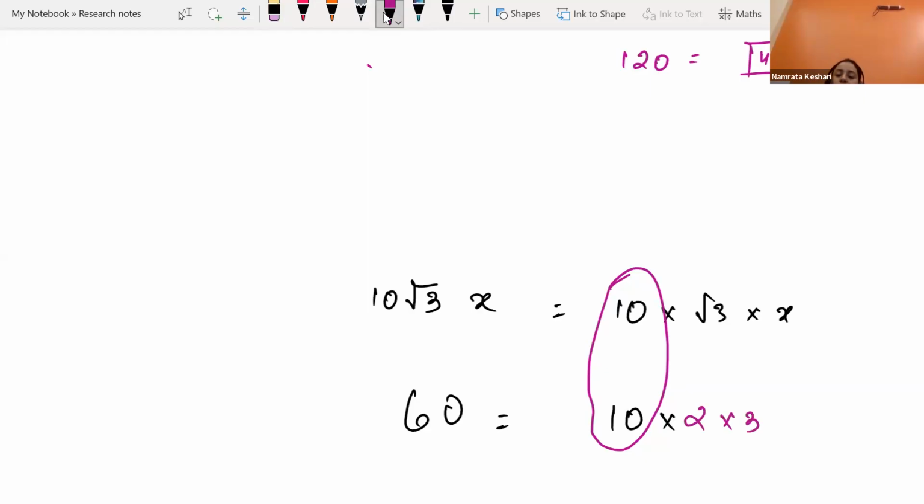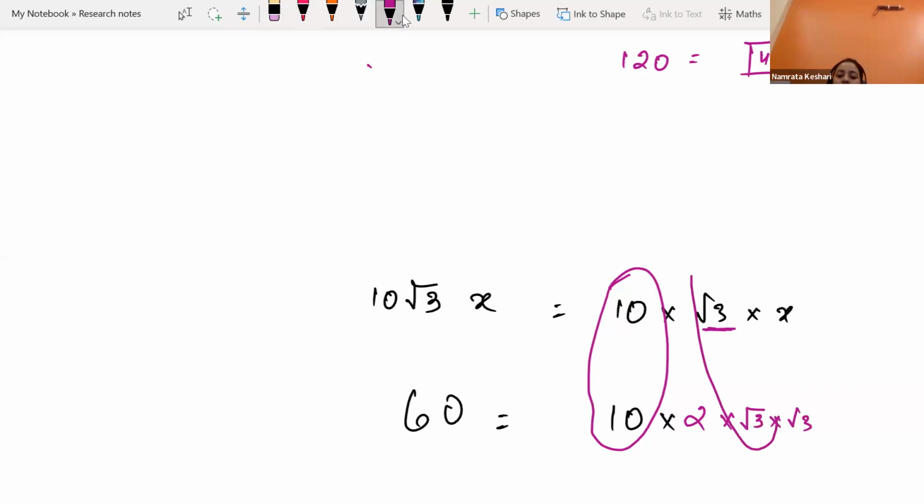Now still here root 3 is reflecting and we will ask ourselves, is it possible to create root 3 from the other factor also? Is it possible from here to create root 3? I don't think it's possible. Can we write 3 as root 3 into root 3? Yeah, we can write it. So still, only 10 is not the common factor. See carefully, Zoha.